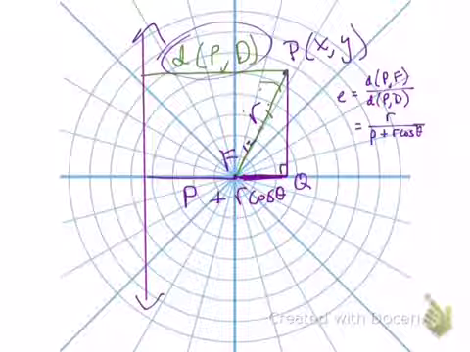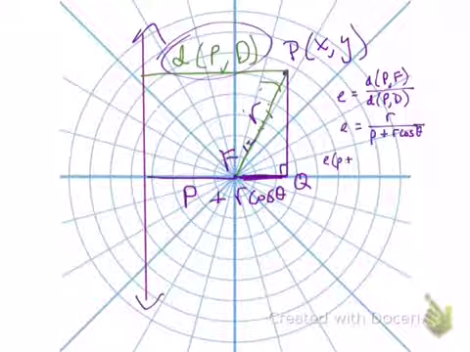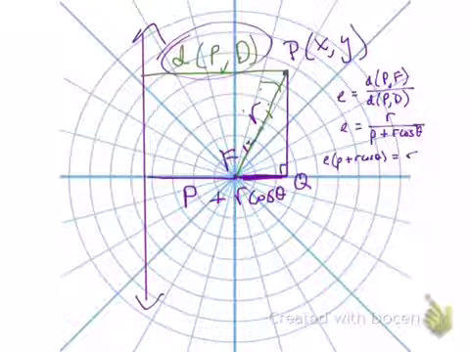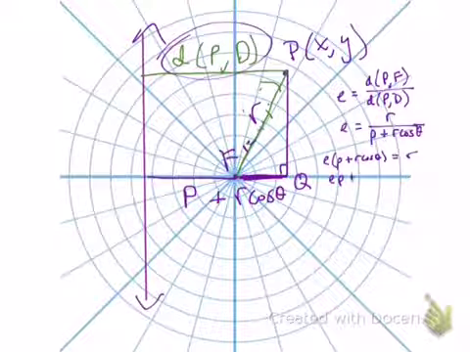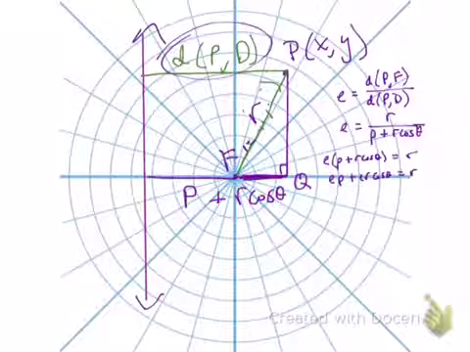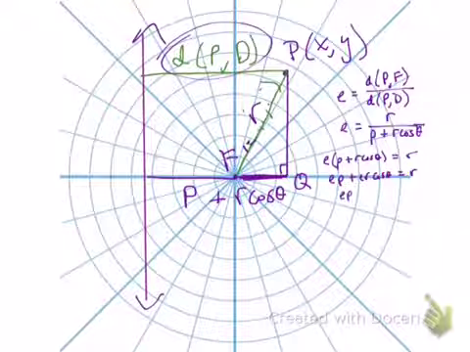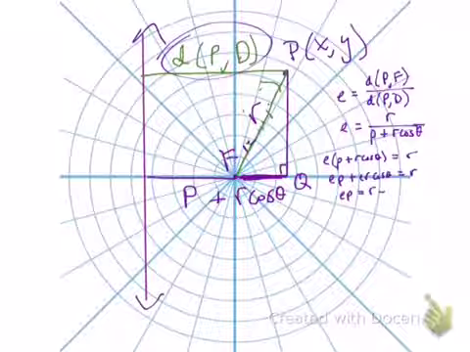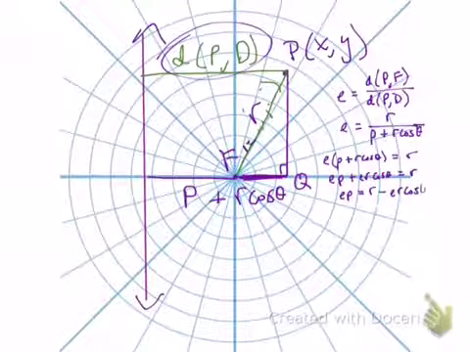And now I have my e here, I'm going to multiply both sides by the denominator. So e times (p plus r cosine theta) equals r. And then I'll distribute, so ep plus er cosine theta equals r. And then I'll subtract the er cosine theta to get the r's on the same side. So ep equals r minus er cosine theta.